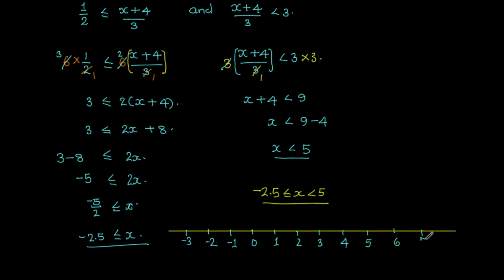Since we have space here, we can say 7, and they are continuous, also to the negative infinity.